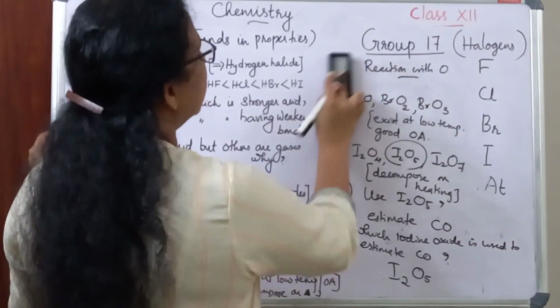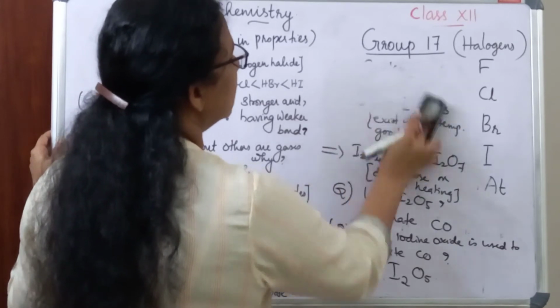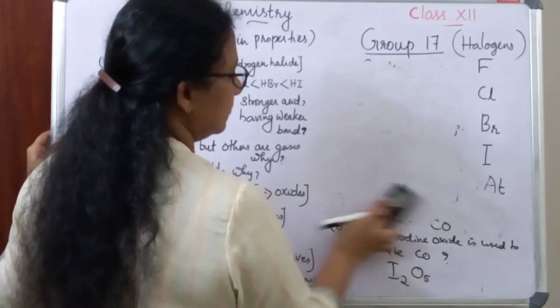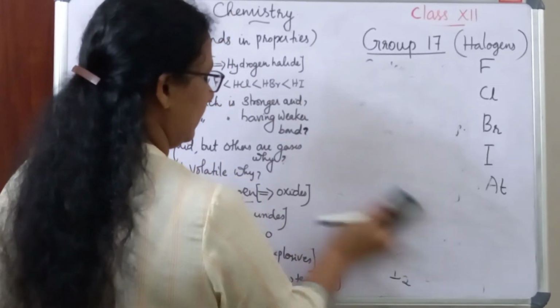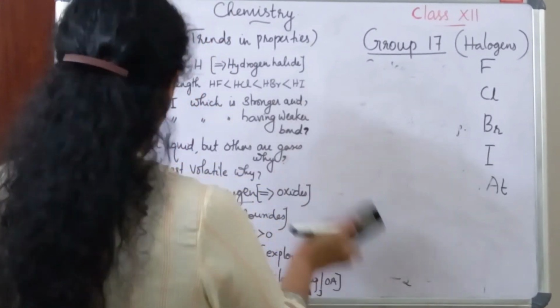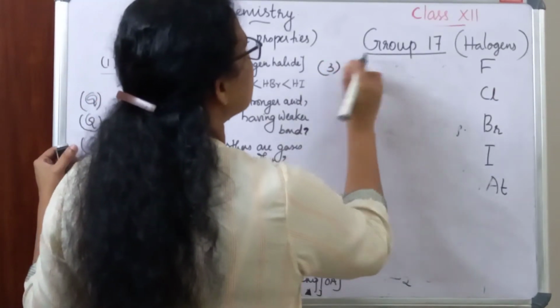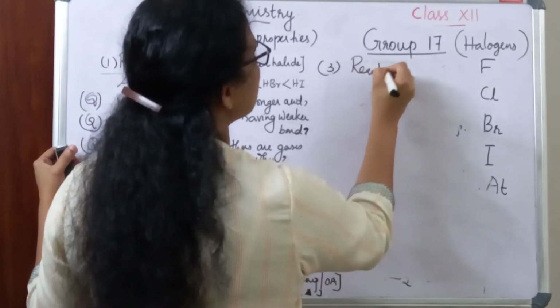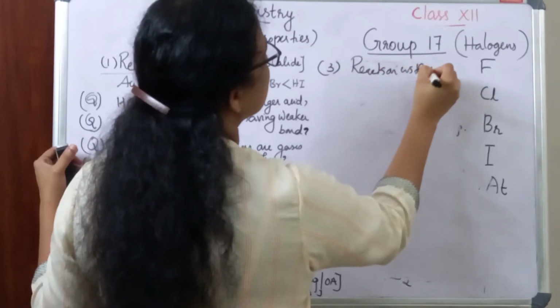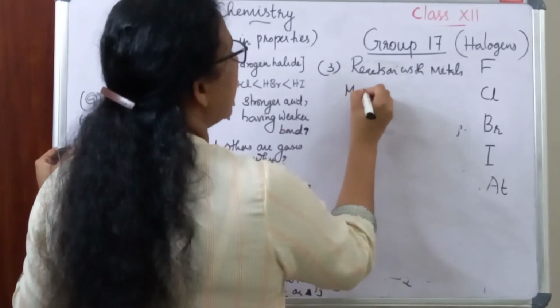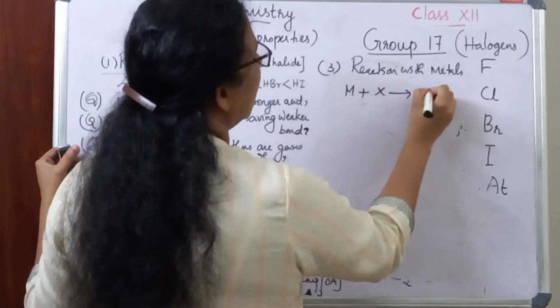Now let us see another reaction, that is reaction with the metals. The third one is reaction with the metals. Metals react with halogen to form metal halide.